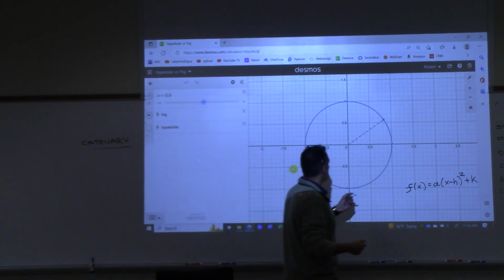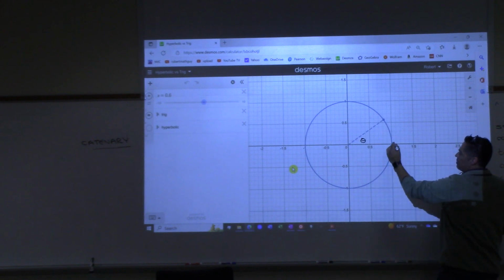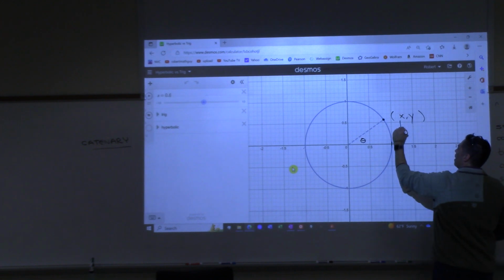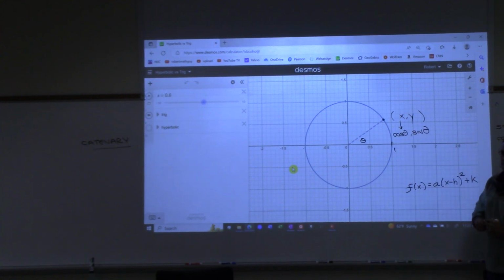So if I have a circle here, and this is the angle theta, this is the unit circle, with a radius of 1, then the x and y coordinates can be defined by cosine of theta and sine of theta. That's the way we define them off the unit circle.